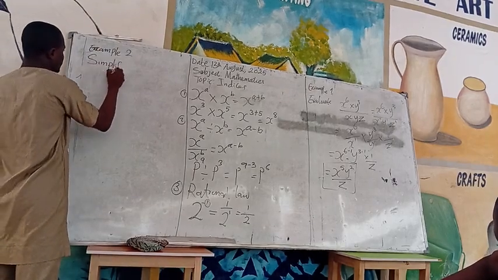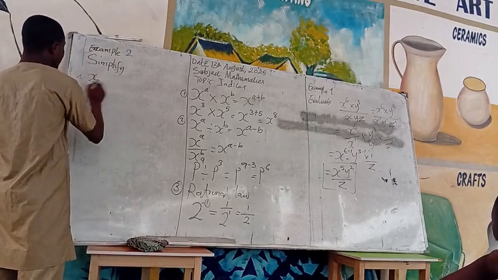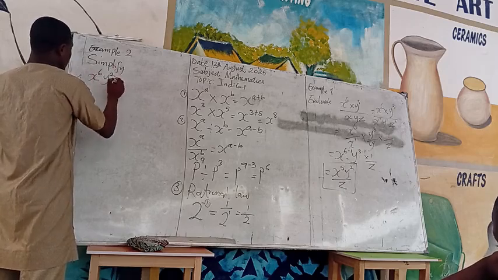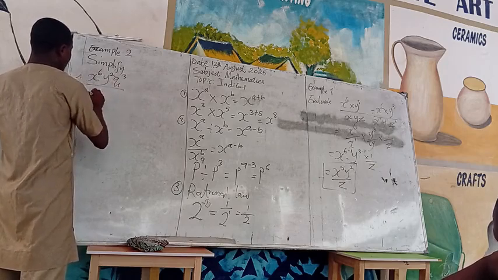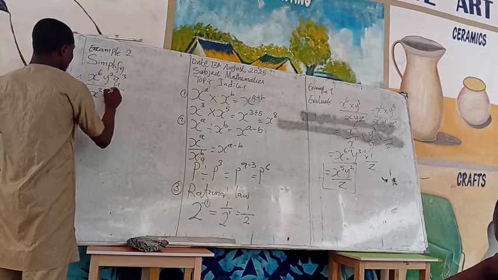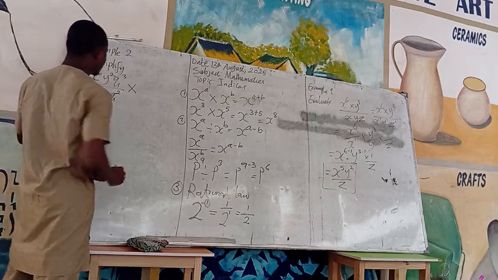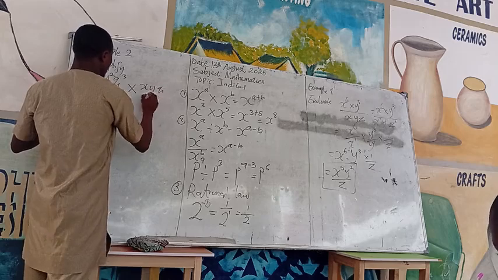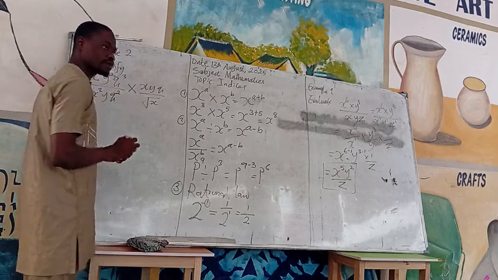Simplify: x raised to power 6, y raised to power 2, q raised to power 3 all over x square y q raised to power 2, multiplied by x y q all over square root of x.